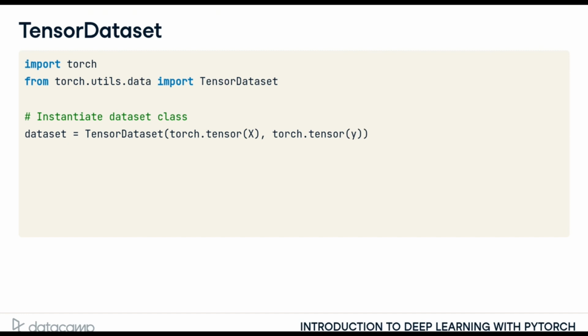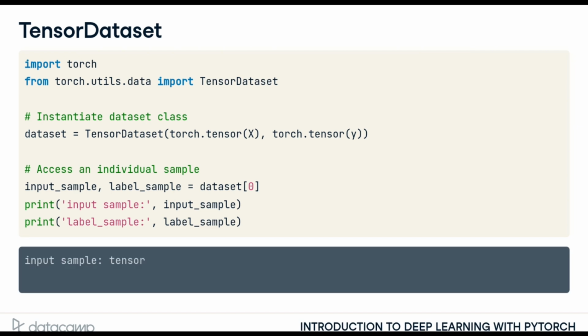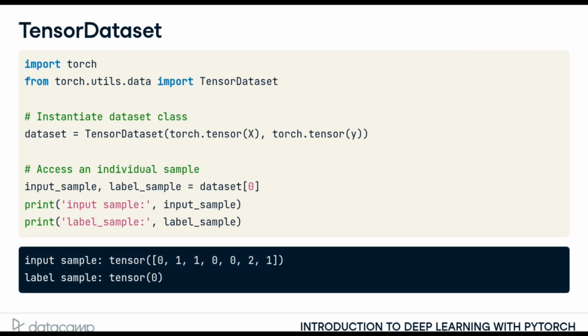We convert X and Y into tensors using PyTorch's tensor method and pass them to TensorDataset. To access an individual sample, we use square bracket indexing. dataset[0] returns a tuple containing the input features and label, which we unpack into input_sample and label_sample.